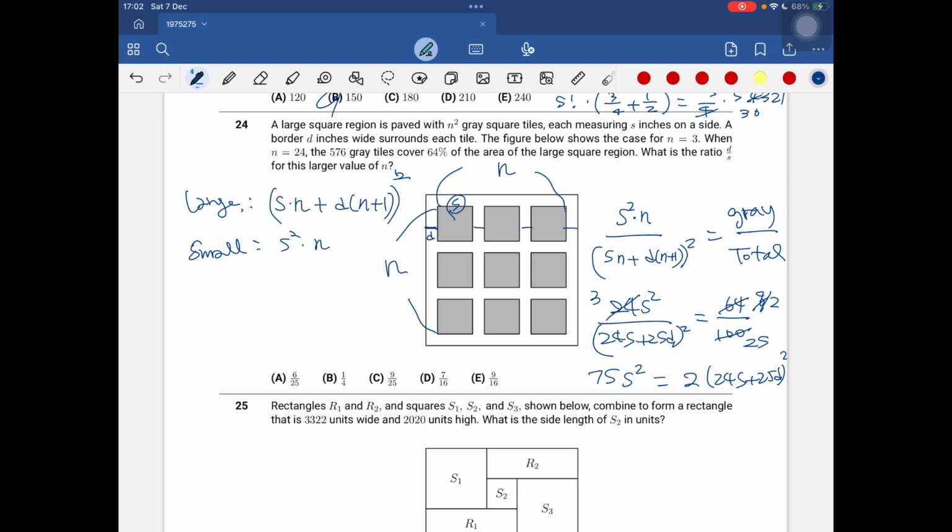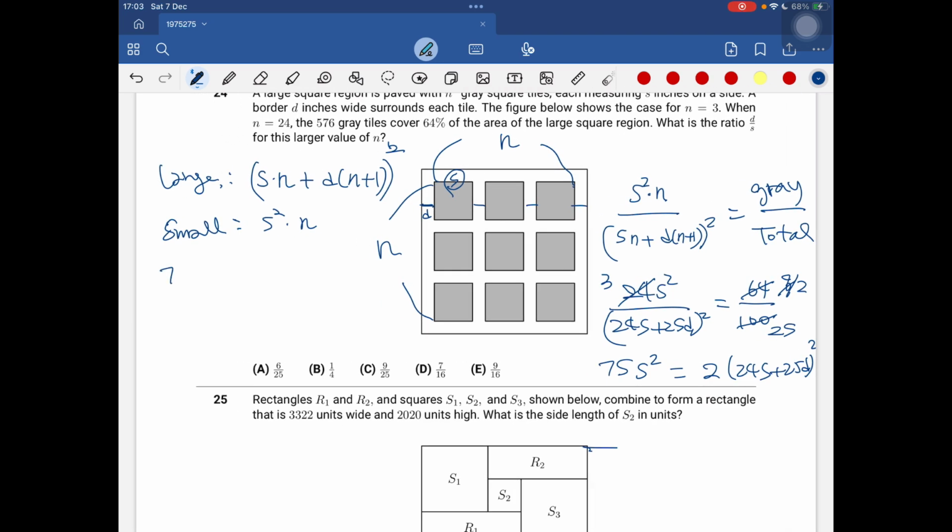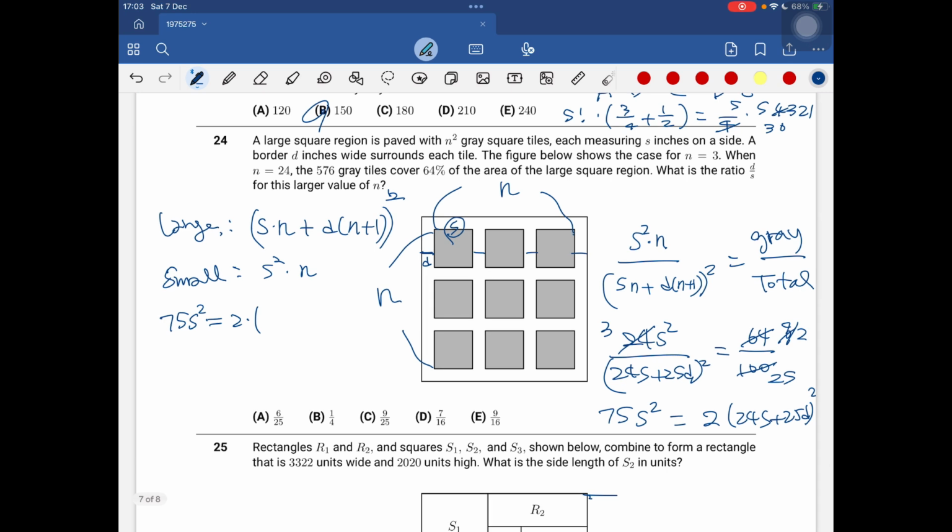Okay, so now we are almost there. So 75s squared becomes 2 times 24 times 24, and we want D over S. Did I make it properly?